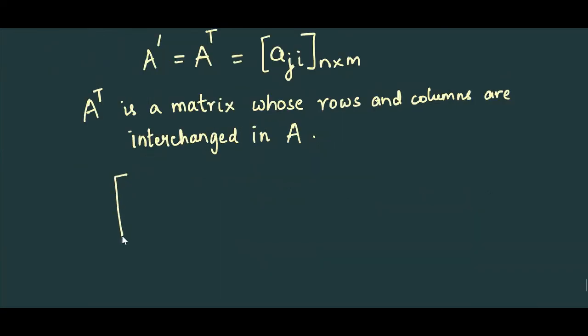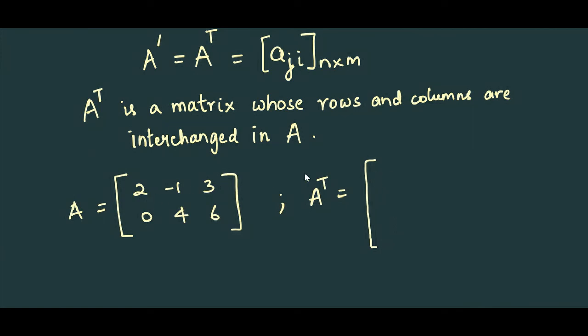So this is 2, minus 1, 3, 0, 0, 3, 5, or 0, 4, 6, let us say. This is A. Then what is A transpose?